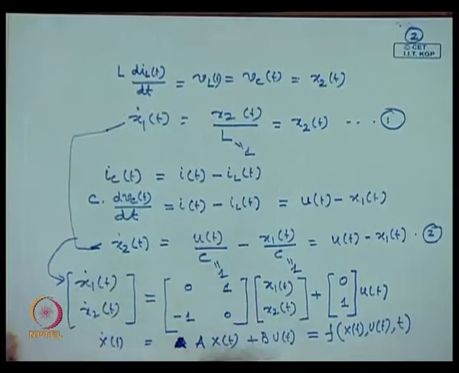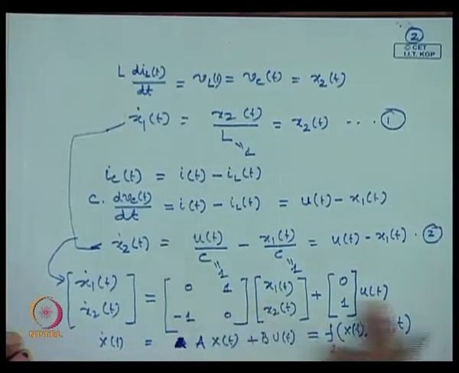It is a general form we are writing, x dot is equal to a function f, which is 2 dimensional, because there are 2 equations, x1 dot and x2 dot.